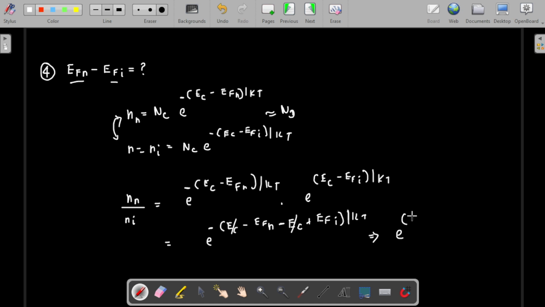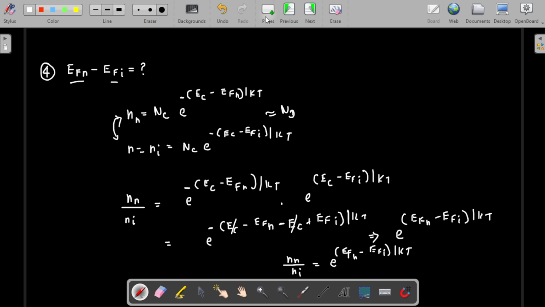So that will be (EFN minus EFI) divided by kT. Okay, so let's rewrite this formula. So this will be equal to nn divided by ni, which will be equal to e power (EFN minus EFI) divided by kT. Okay, so this is the value.